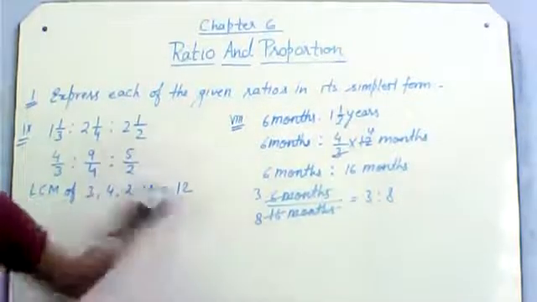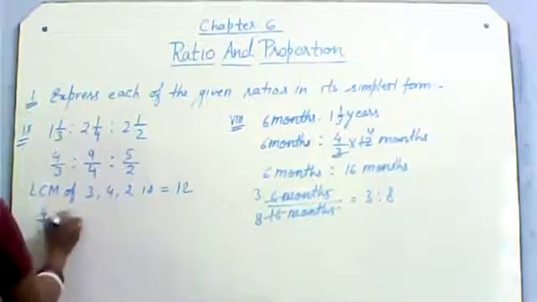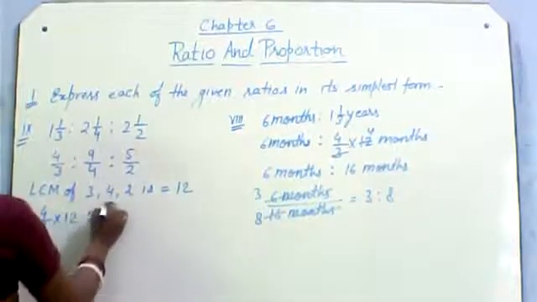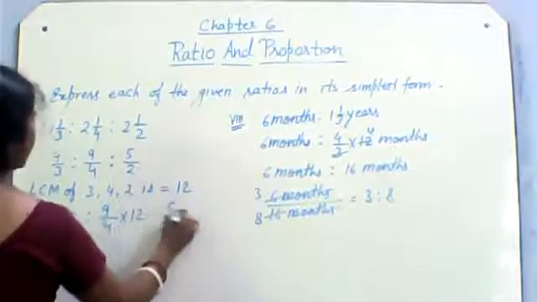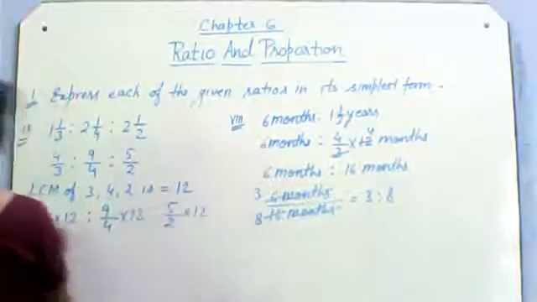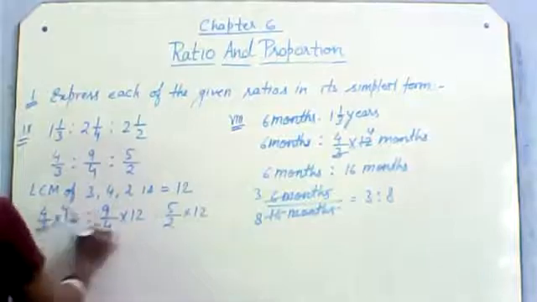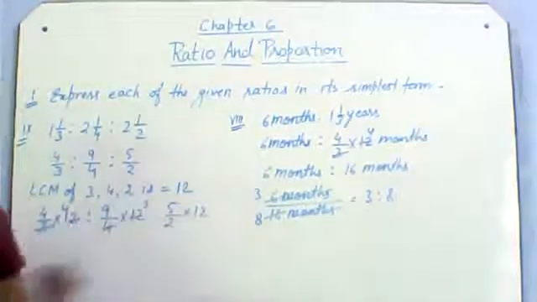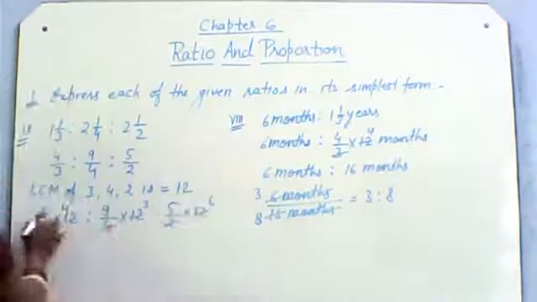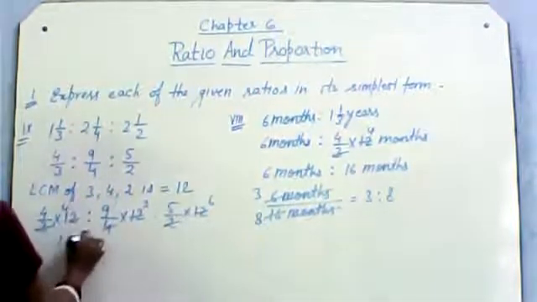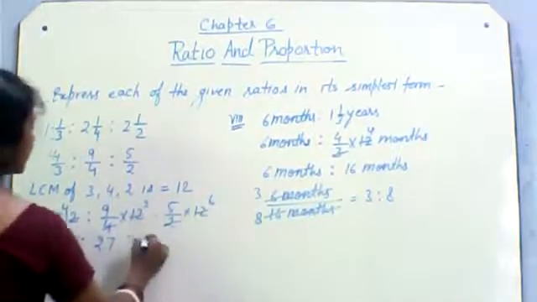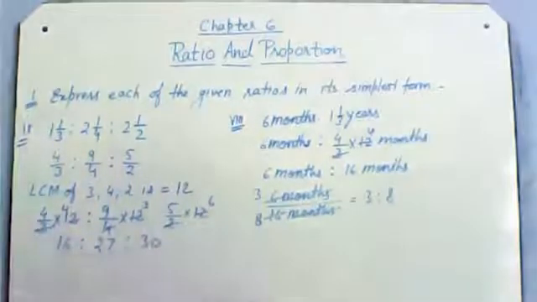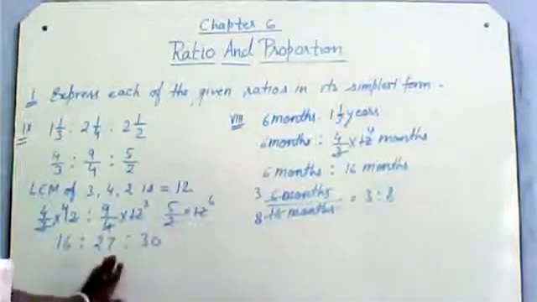Okay, now multiply by 12, each term multiplied by 12. 3 4s are 12, 4 3s are 12, 2 6s are 12. Now multiply: 4 4s are 16, ratio 9 3s are 27, ratio 5 6s are 30. So the simplest form is 16 ratio 27 ratio 30.